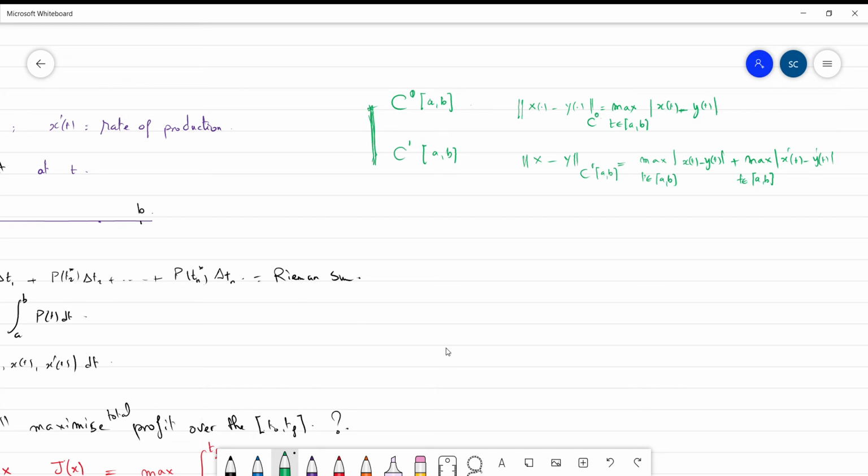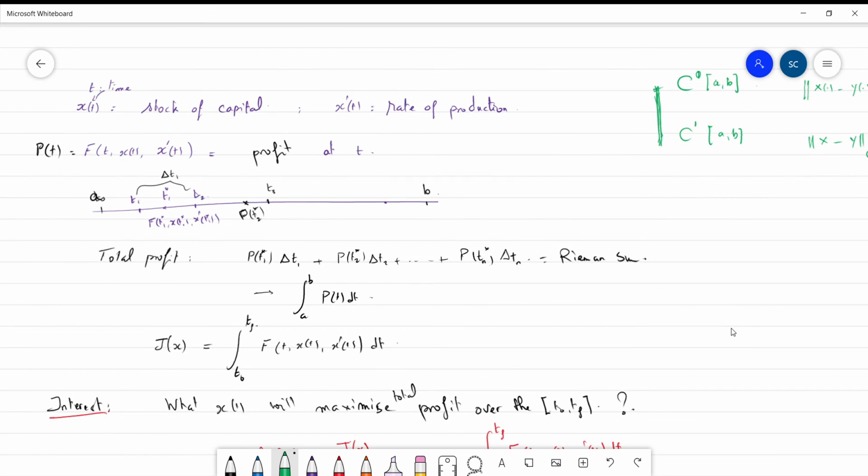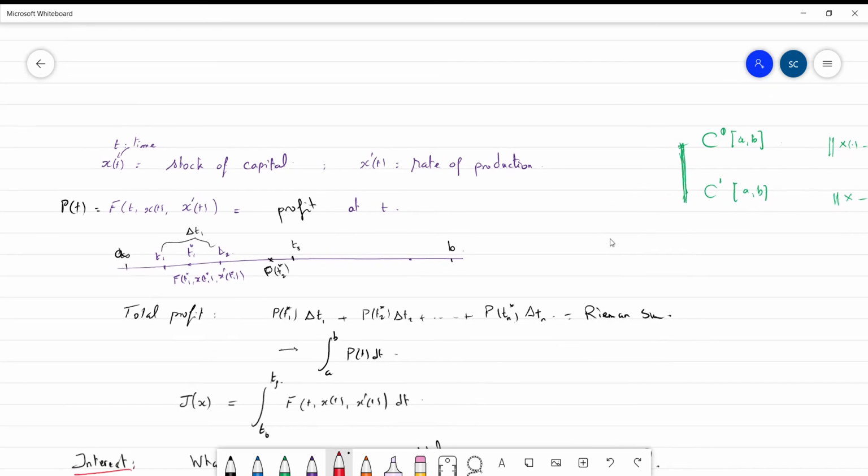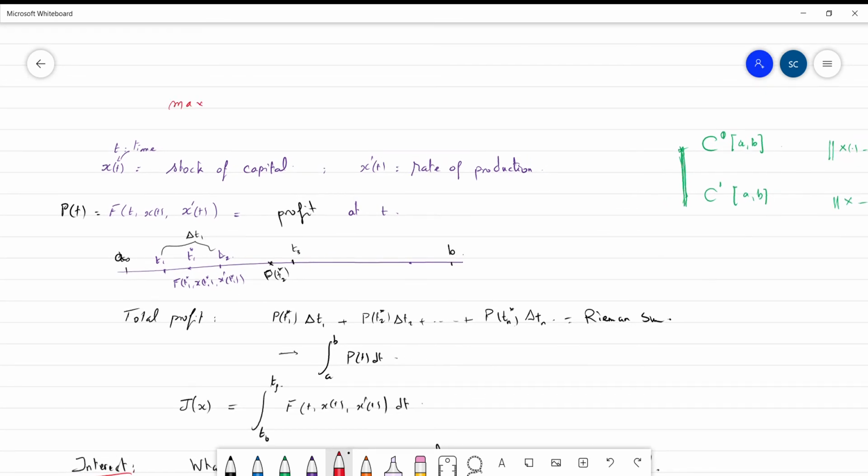So our purpose, we said in this section, is to study the problem: to maximize the integral from t initial to t final of a function depending on t, x(t), and x'(t). We can have more complex sets, but it's not only those conditions, so I would prefer to keep it over a set of functions.